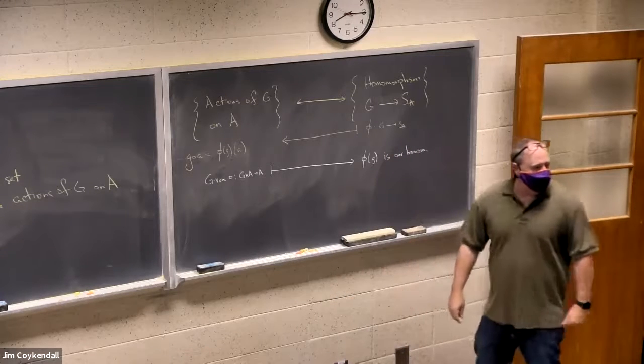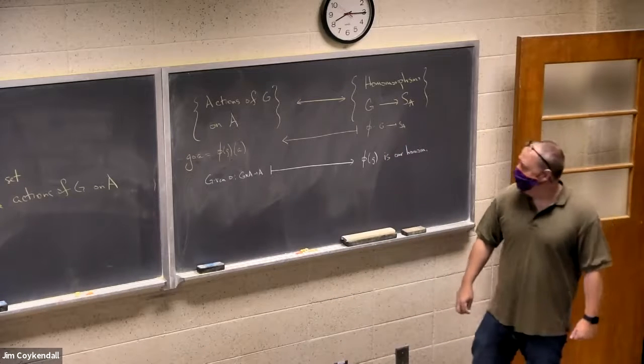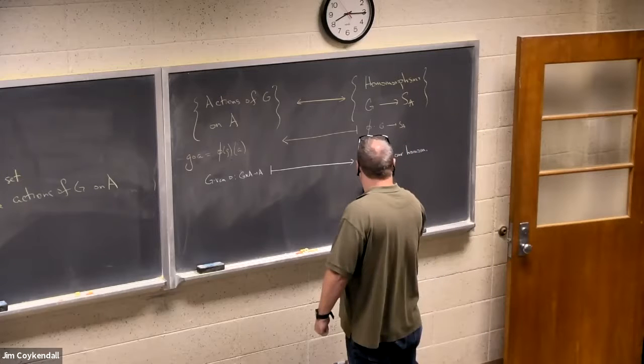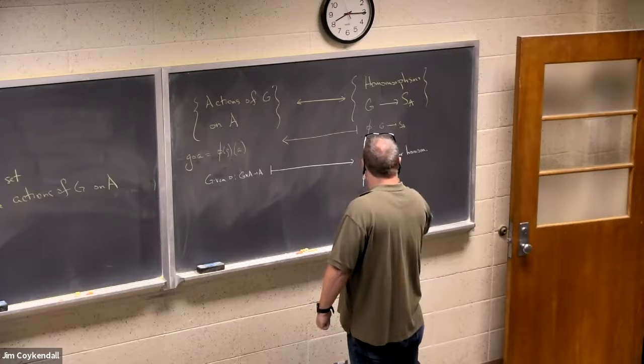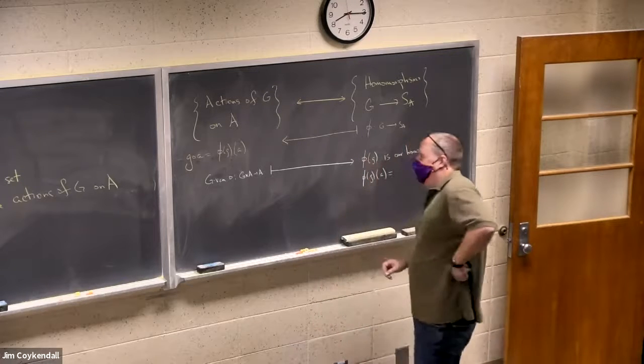Now, this is a function, so since it's a function, I've got to tell you what it does to a. I want phi of g acting on a, what do you suppose it is?